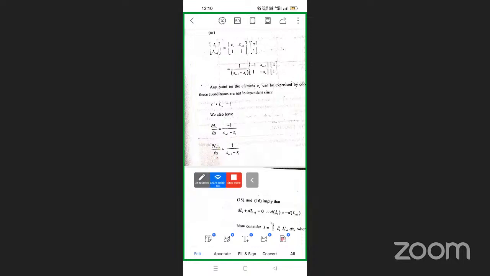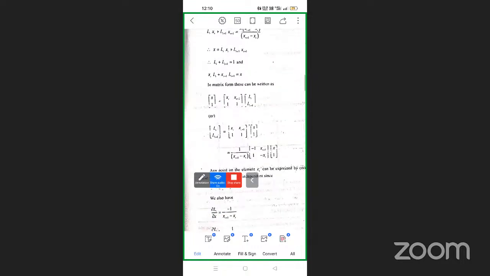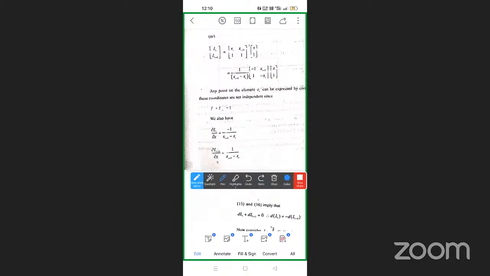So differentiation with respect to x, Li differentiation with respect to x, Li plus 1 differentiation with respect to x. So differentiate with respect to x, Li, here consider Li plus 1 is constant. So Li is constant, remaining case.